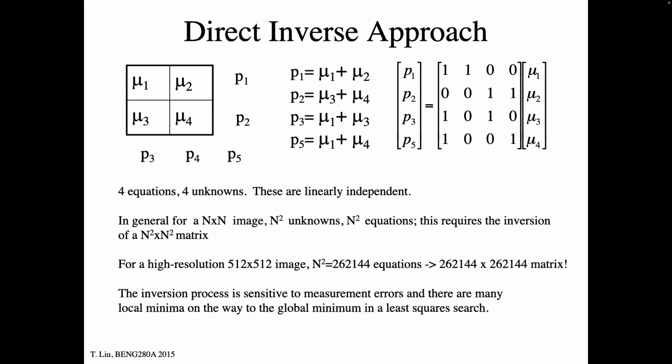Inverting a matrix that size is a problem, especially when there's noise involved: you have your estimates, but there's also random noise on top of those. To get accurate or stable estimates of the mu values with this type of matrix, it's not a good approach. It doesn't usually work.